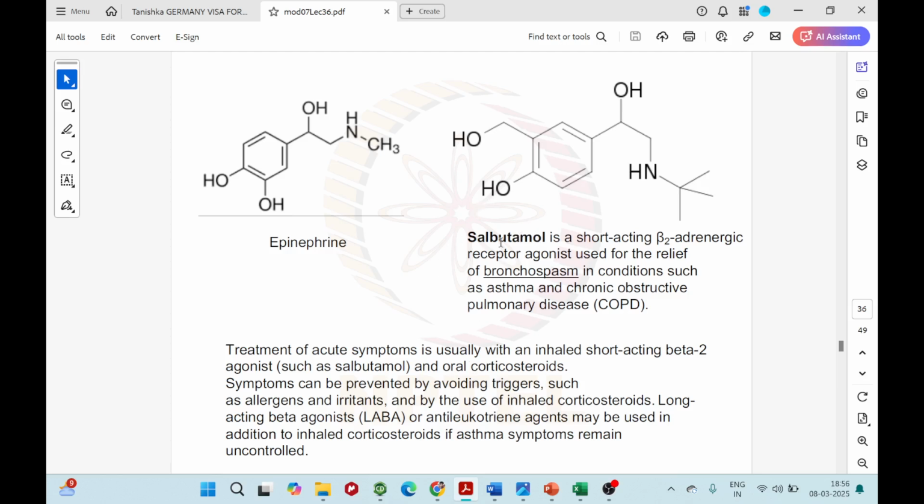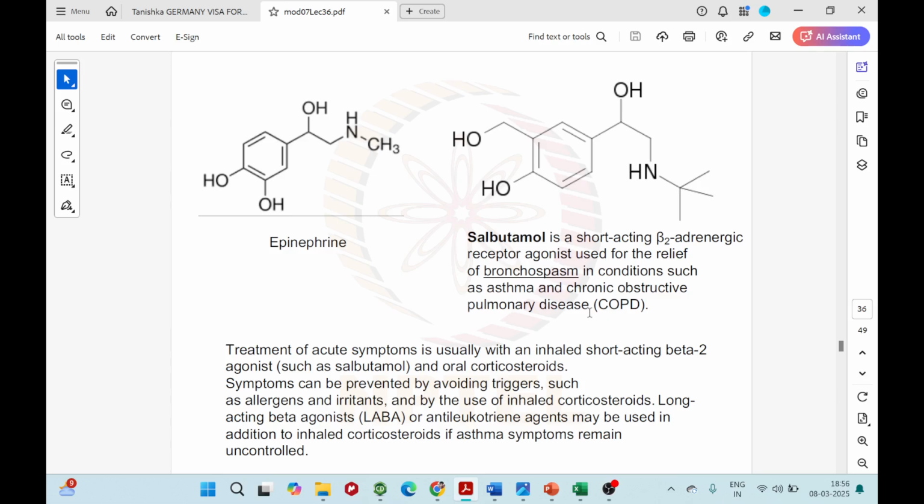So salbutamol is a short-acting beta-2 adrenergic receptor agonist, used for the relief of bronchospasm in conditions such as asthma and chronic obstructive pulmonary disease (COPD). We have talked about the sympathetic and parasympathetic nervous system.